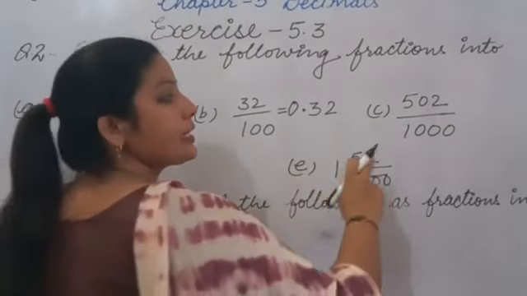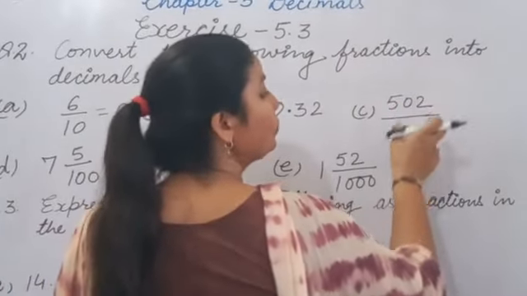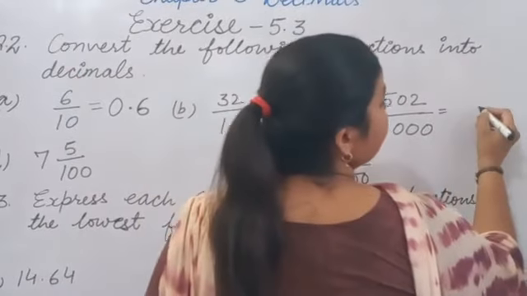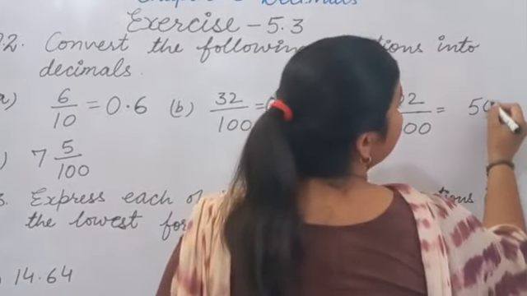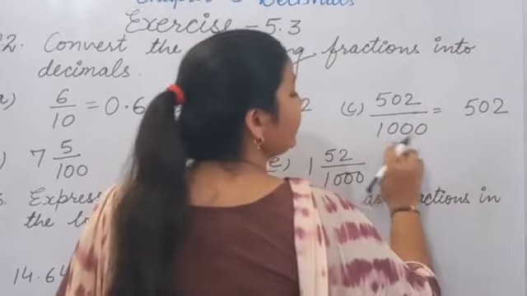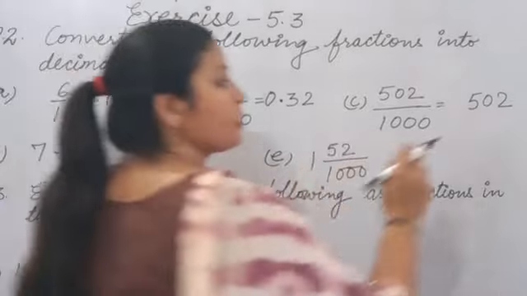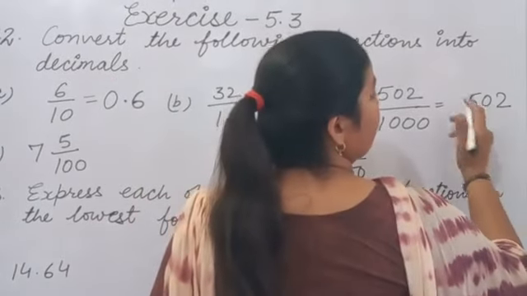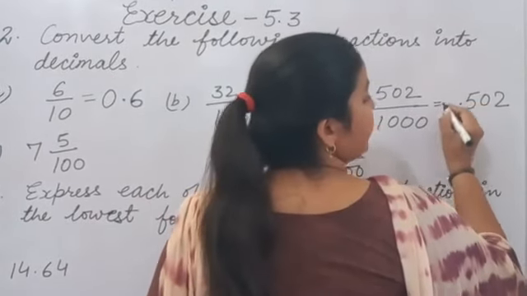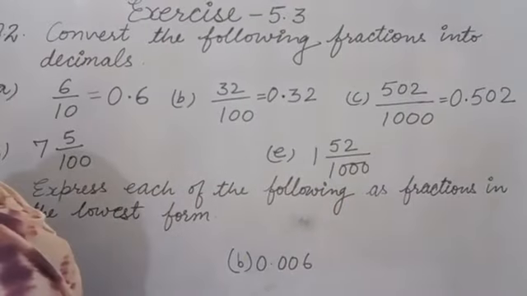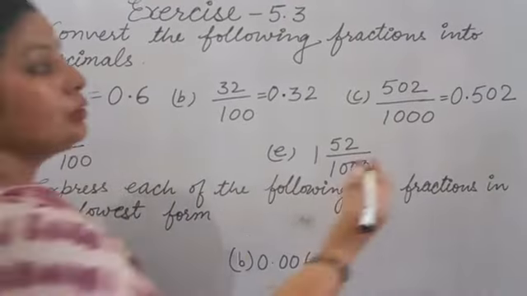Now it's the C part. 502 upon 1000. Again numerator as it is, 502. In 1000 we have 3 times 0, so we'll take 3 decimal places. 1, 2, 3. Here we put a decimal and we can put 0. So it becomes 0.502.